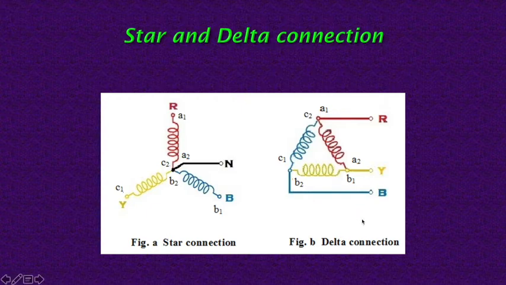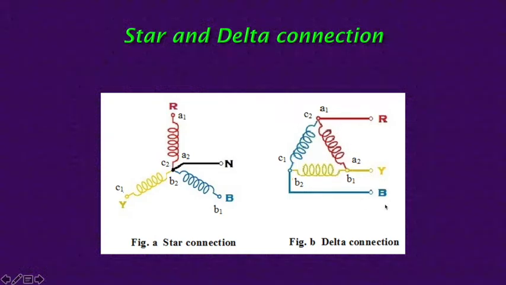Similarly, for the delta connection circuit, this point is the starting point and this is the finishing point. The starting and finishing points are connected at a single node, creating a delta connection. So, only 3 wires are considered; 6 wires are reduced to 3 wires.